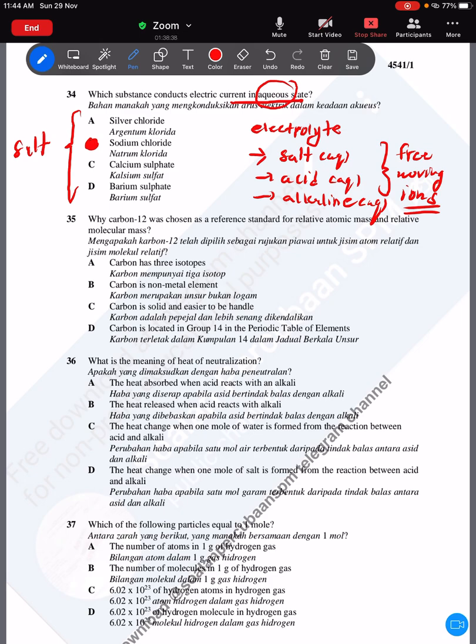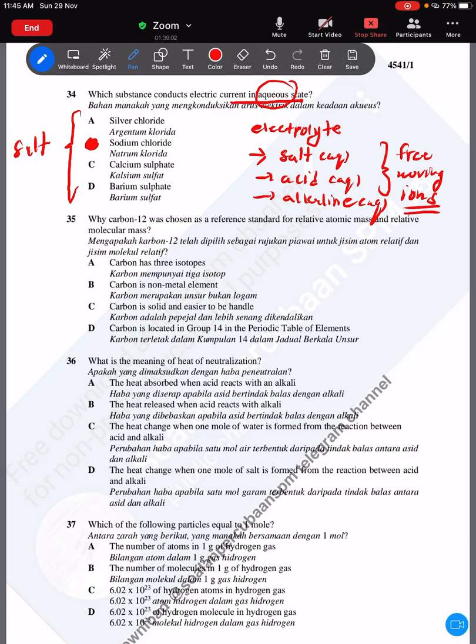Why carbon-12 was chosen as the reference standard for relative atomic mass? Remember, before carbon-12, scientists do use hydrogen and oxygen. Nevertheless, there are still a few disadvantages of using hydrogen and oxygen over carbon. Why they choose carbon?